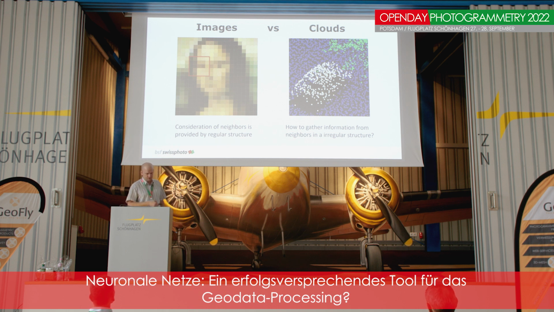All of this for images is possible because of regularity of the structure of the neighborhood. It's always possible to know which pixels are neighbors of the pixel, and their number is always constant. But what do we do in case of irregular structure like a point cloud?